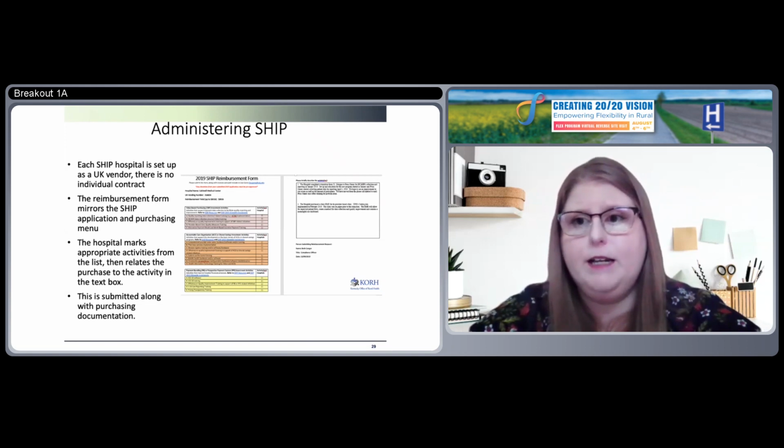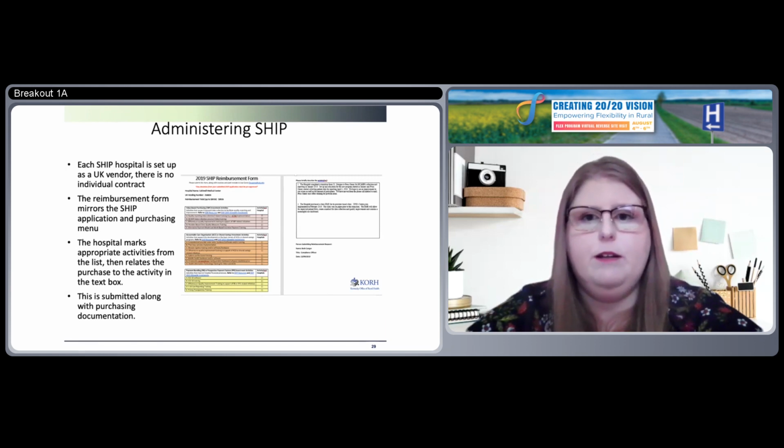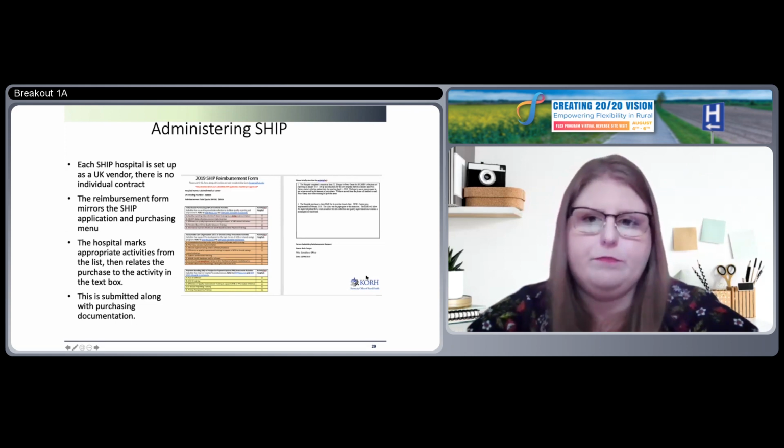We are very lucky that those 36 SHIP hospitals do not have to have individual contracts. They are set up as a vendor in the University of Kentucky system, and that's worked out so far, because that contracting process, you guys know, nightmare is a horrible word to use, but it can really be a challenge. Next slide.